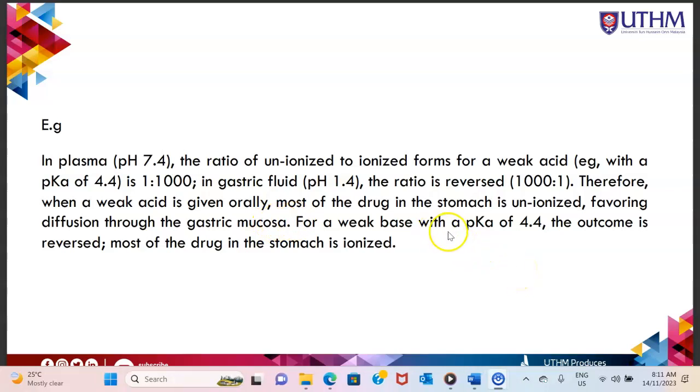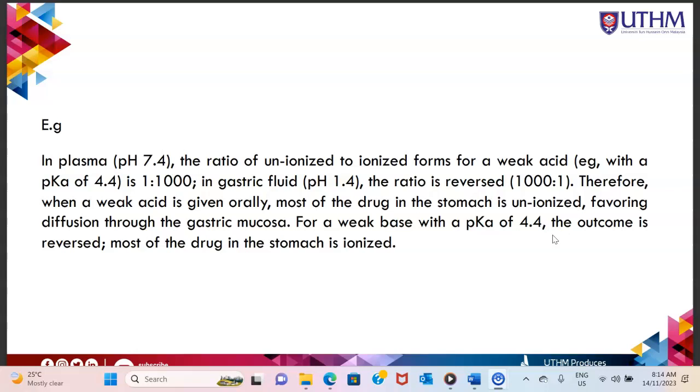And for a weak base with a pKa of 4.4, the outcome is reversed. Most of the drug in the stomach is ionized and nothing can be absorbed. Right. So to summarize, weak acid in plasma versus in gastric fluid, the implication is that when a weak acid is given orally, it reaches the stomach where the pH is much lower and the majority of the drug becomes unionized.